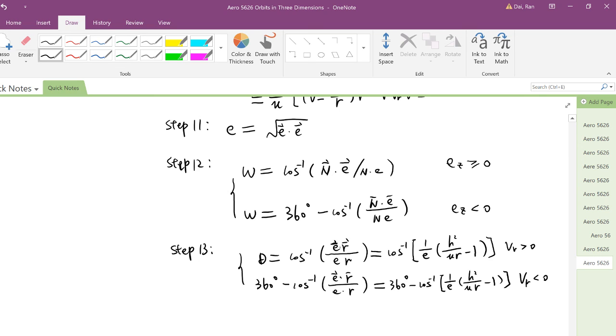So using the 13 steps, we can find the 6 orbital elements from the position and the velocity vector of an object on the orbital plane. Okay, we will take another short break and come back soon.